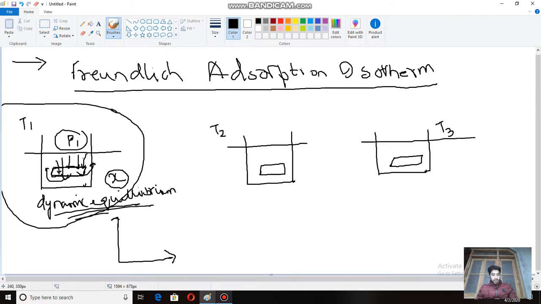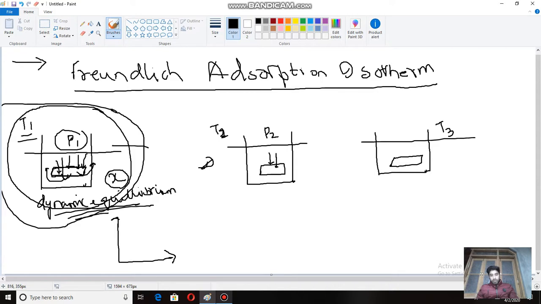And now let's increase the pressure for this system, keeping temperature the same. Now consider this system as the first system. Its temperature is T1 and now pressure is P2.